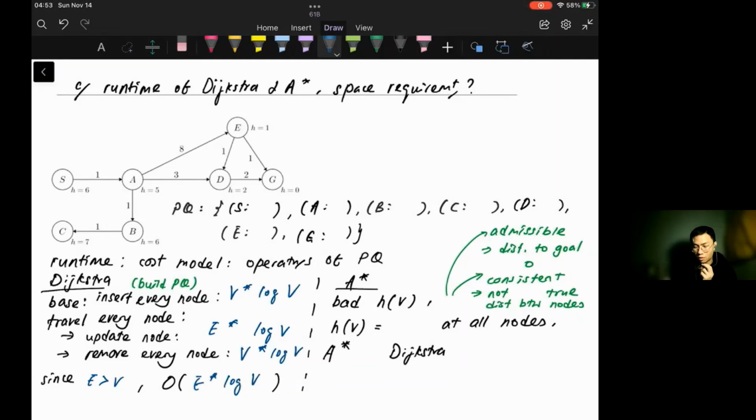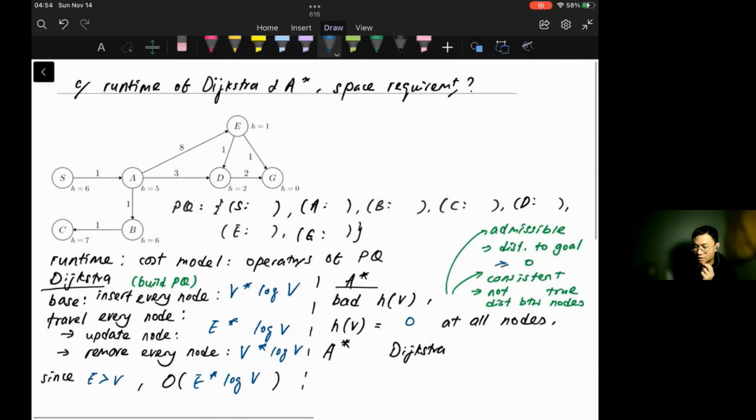Okay, now let's look over at A star. The worst case would be that for our A star algorithm, we have a very bad heuristic function that returns 0 at all vertices or at all nodes. Note that this is still valid because it is admissible in the sense that the distance returned by the heuristic is still at least 0.